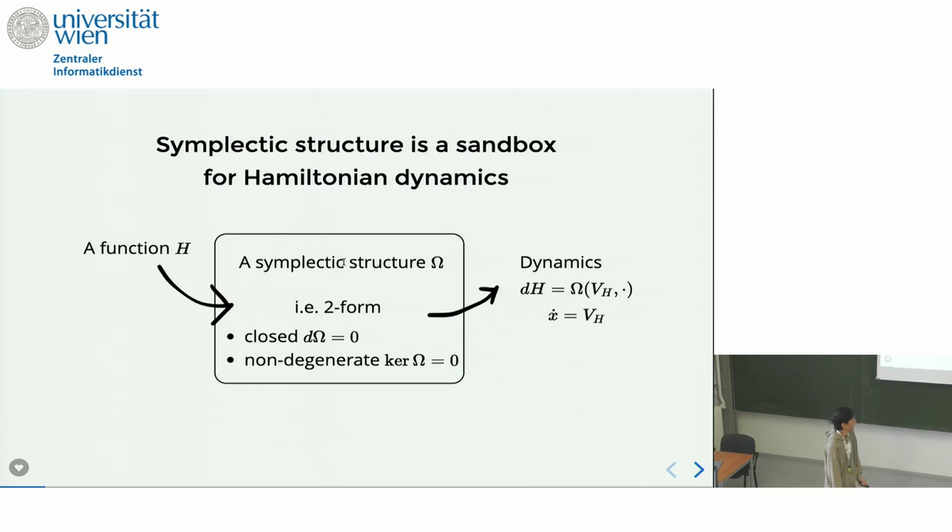The way it works is, a symplectic structure omega is a two-form that is closed and non-degenerate. And yesterday we added one more condition, but I'm not going to dive into this. And then you get a Hamiltonian vector field, X_H, satisfying this relation. And Hamiltonian dynamics is this vector field.